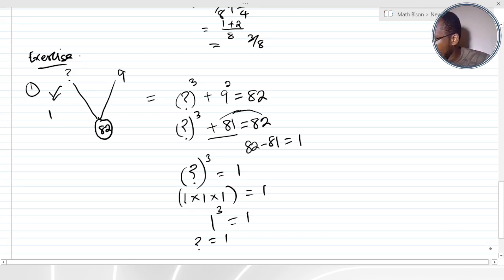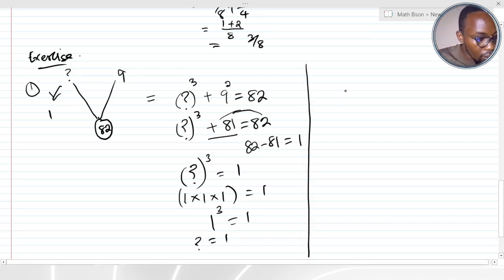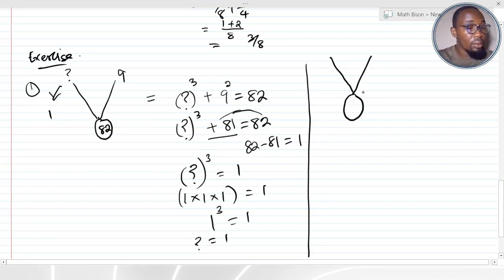Now, let's try number 2. The next one is the same diagram, and this time around, our question mark is here, and we have 2 and we have 7.